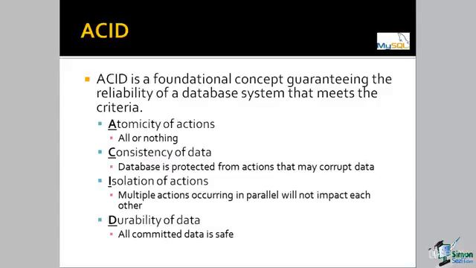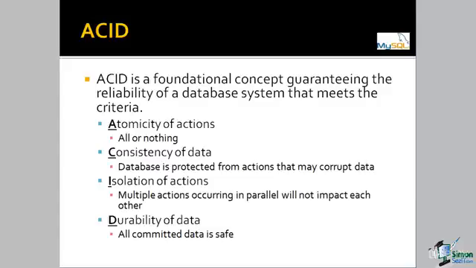Consistency refers to the database protecting itself from actions that may corrupt the data. Isolation refers to the ability to have multiple users working within the database simultaneously without impacting each other or the data that each of the users is working with.